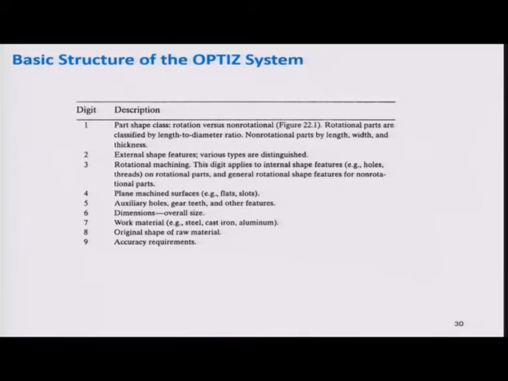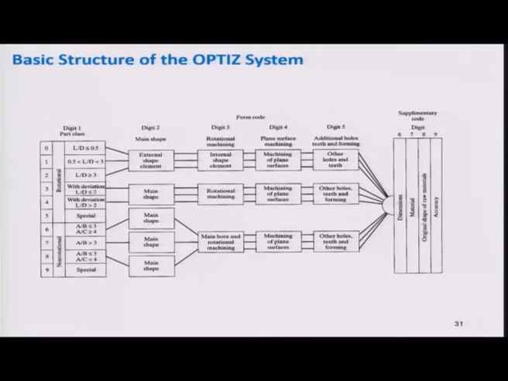Okay, so that is the basic structure of the Optiz system. Here part shape digit 1 signifies the part shape class, rotational versus non-rotational. Digit 2 signifies external shape features, where various types are distinguished. Digit 8 signifies the original shape of raw material. So there is a variety of digits, and each has some meaning related to your code digit system. Here you can see the basic structure in the Optiz system, the form code and the part class.